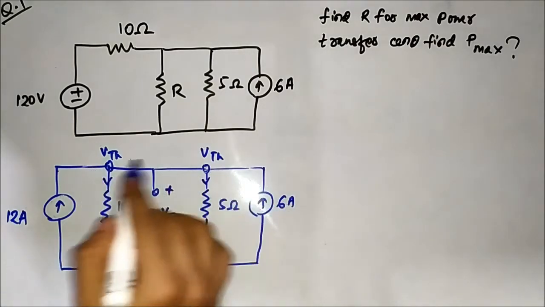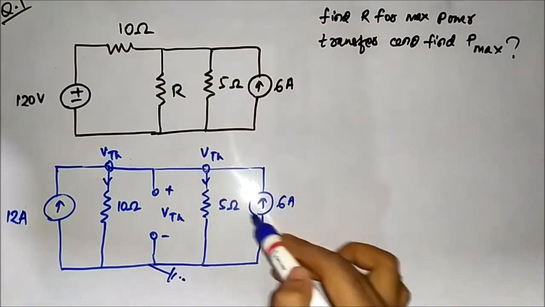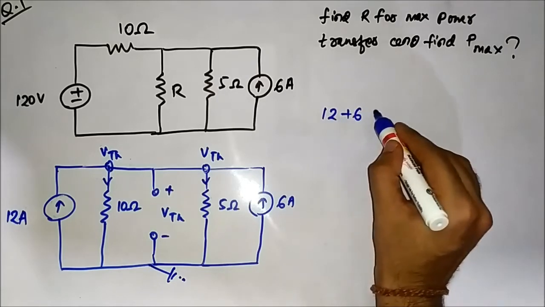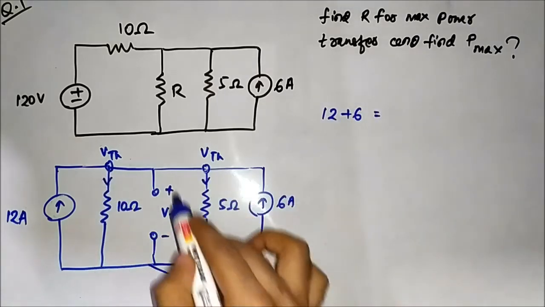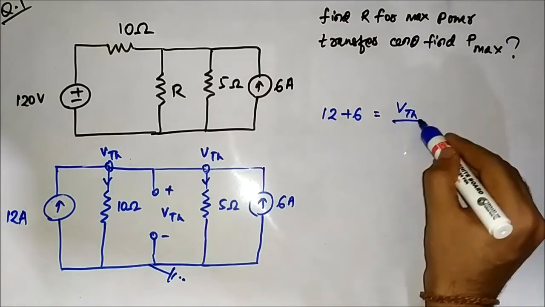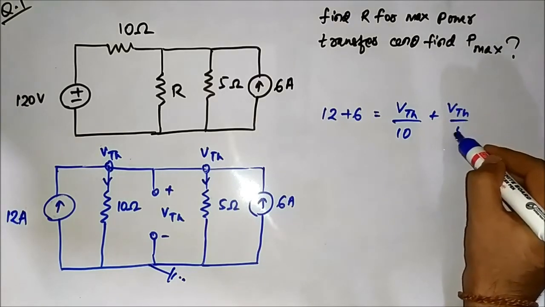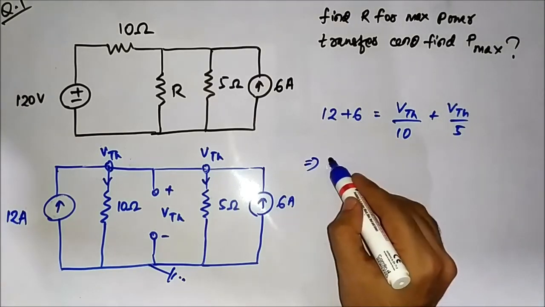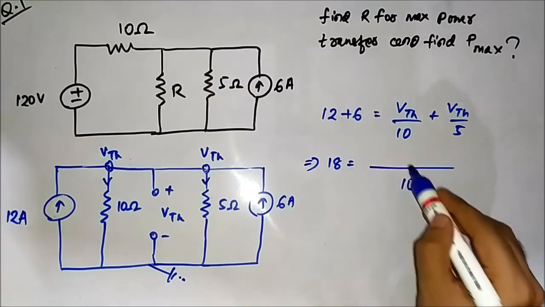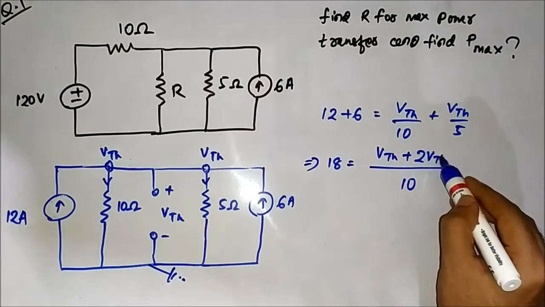If we apply nodal analysis here, we will get 12 ampere and 6 ampere, they are flowing towards the node. So 12 plus 6 is equal to, these two currents are flowing downwards, that is VTH by 10 plus VTH by 5. That implies 18 is equal to 10 VTH plus 2 VTH.